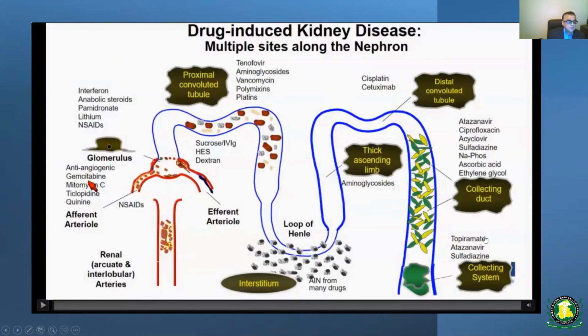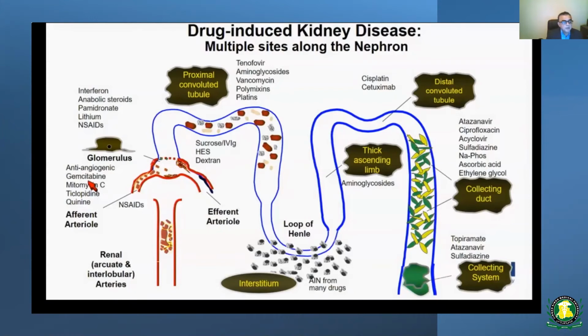Some of the drugs that we'll mention, starting from, again, this is the nephron, starting from glomerulus, proximal convoluted tubule, loop, and then distal convoluted tubule, and collecting ducts, like NSAIDs we already talked about, and gemcitabine. This is a pyrimidine antagonist, causes acute kidney injury and microangiopathic hemolytic anemias.